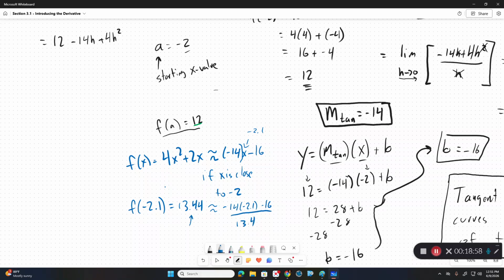So the actual function is telling me 13.44, whereas the tangent line approximation is telling me 13.4. That's close between this number and this number.